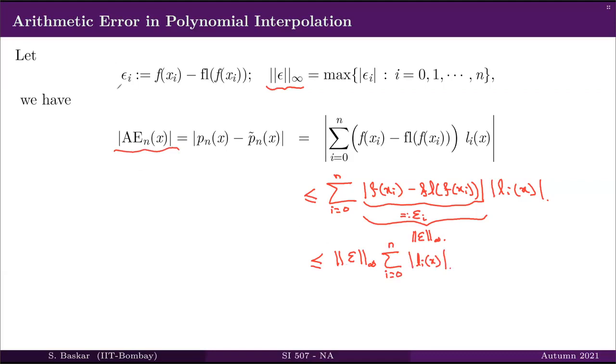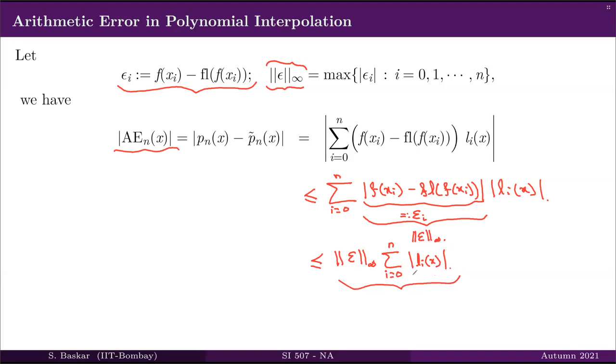Assume that you know all these values, and therefore you also know this norm epsilon, but still this cannot be considered as an upper bound because it still involves the variable x. So we somehow have to freeze this variable x.